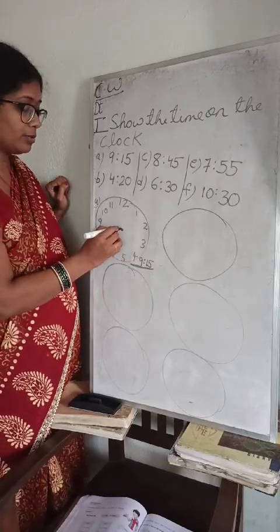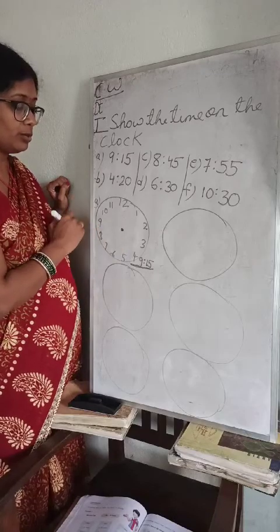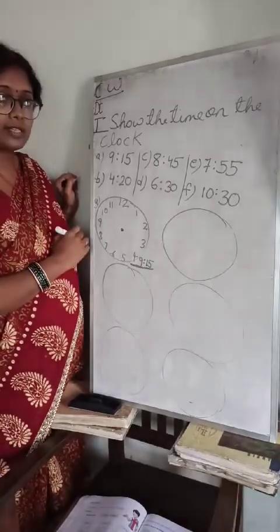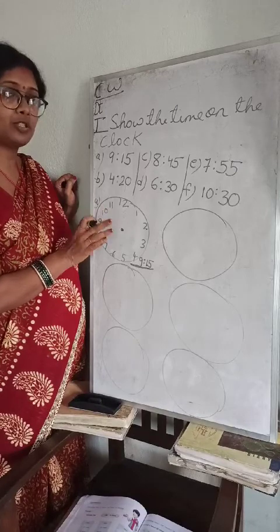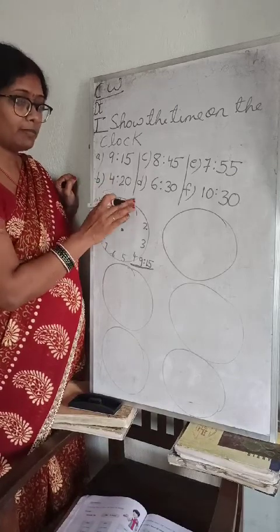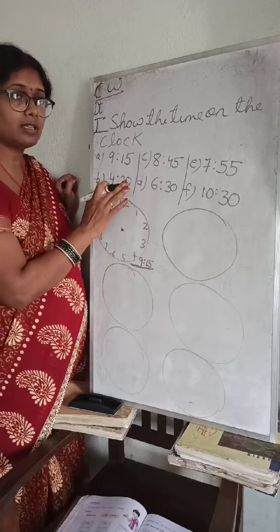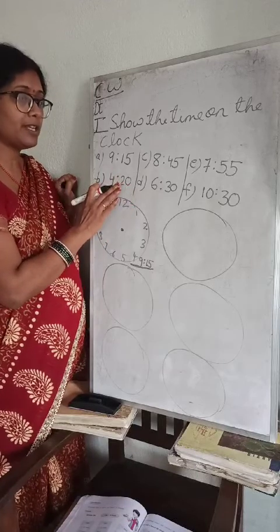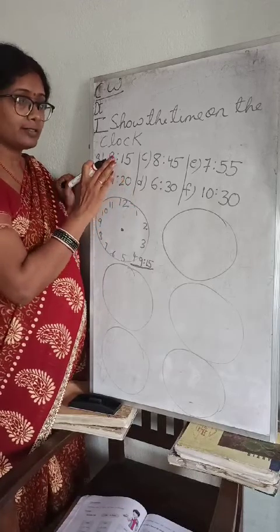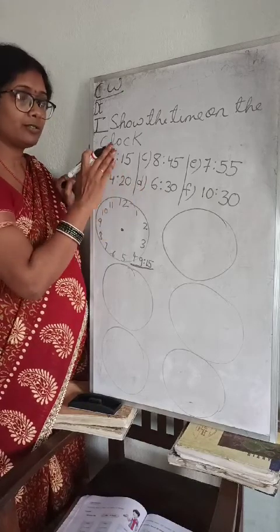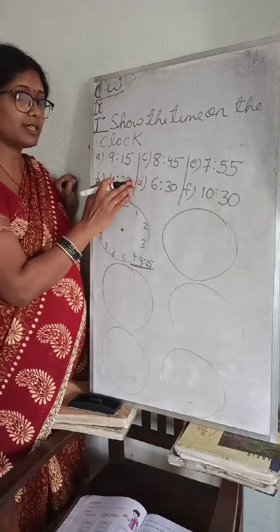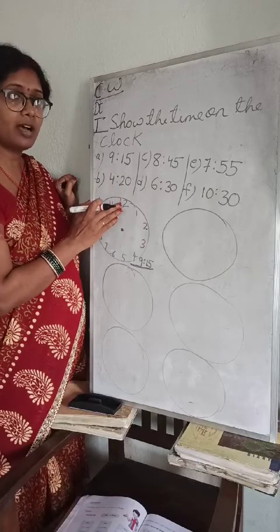How are you going to show it? Now I will not do this for you. This I have given the work to you because for the past few days we are doing this part of the chapter, time part, and I have spent a lot of time on this, where you have to show the minute hand, where you have to show the hour hand.